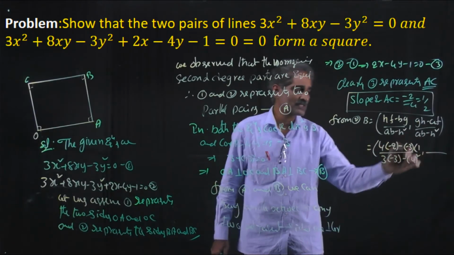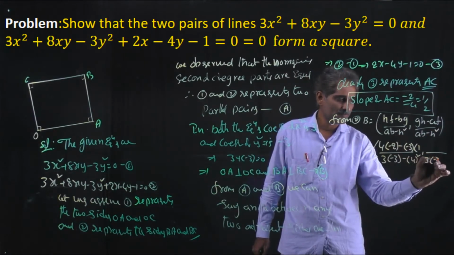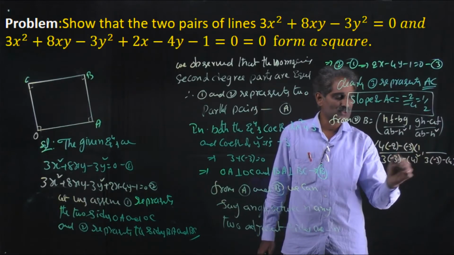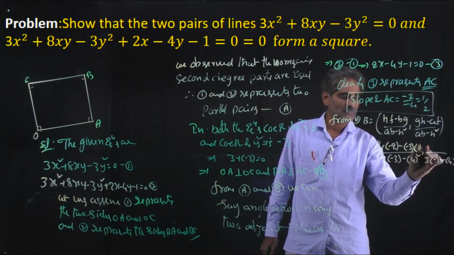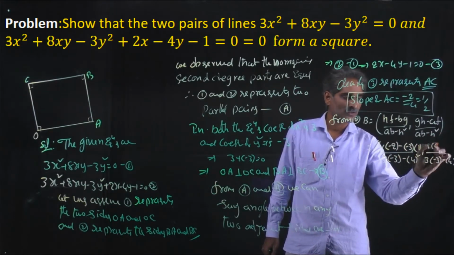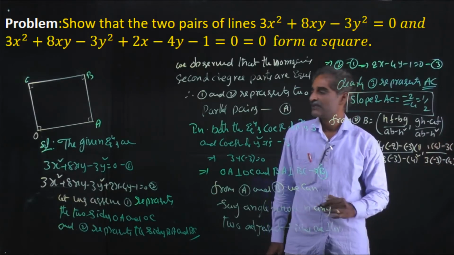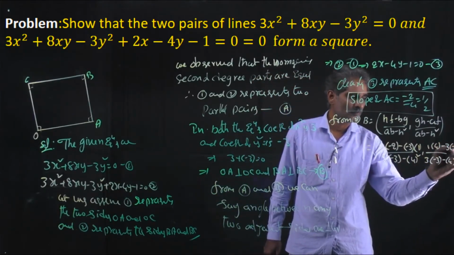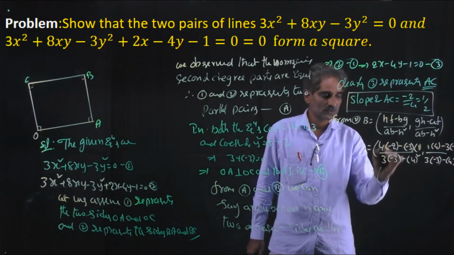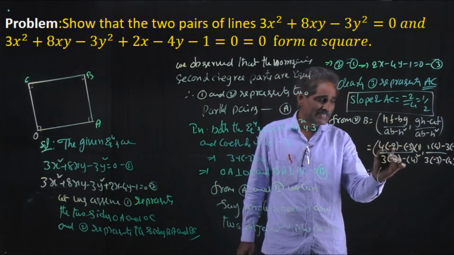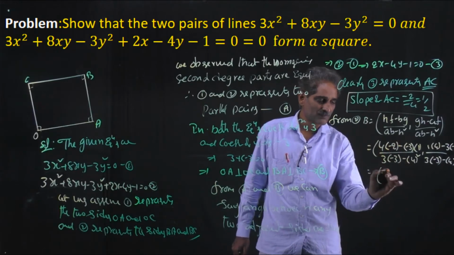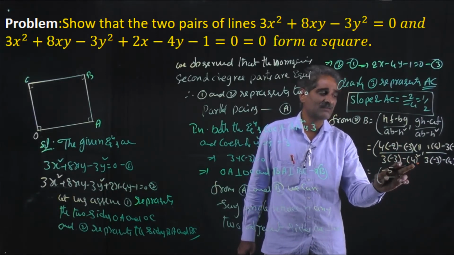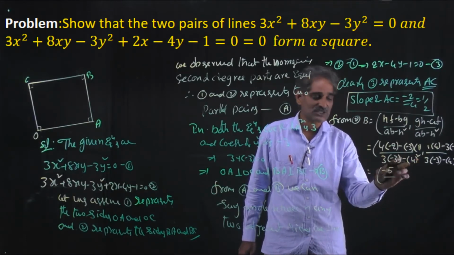The denominators are the same. The value of g is 1, h is 4, a is 3, and f is minus 2. So now the numerator is minus 8 plus 3, minus 5, by minus 9 minus 16, that is minus 25.